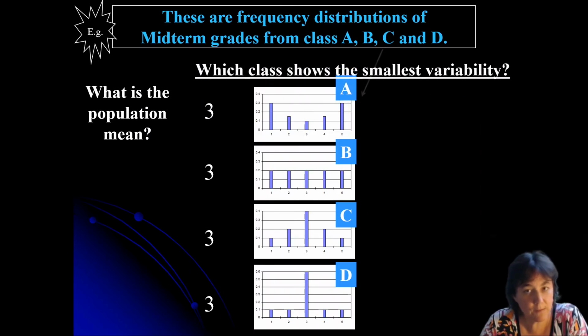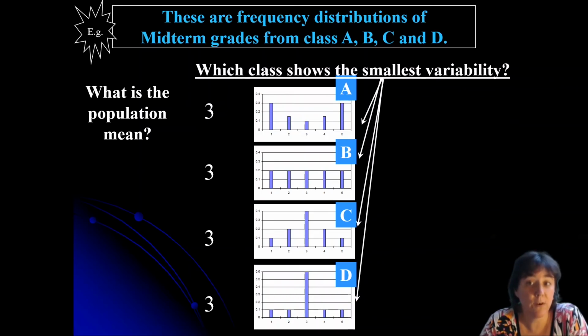But here comes a tricky question. Which class shows the smallest variability? This one, this one, this one, or this one? I'll give you a moment to think about it. Most students pick this B class as their result, but this is not true.